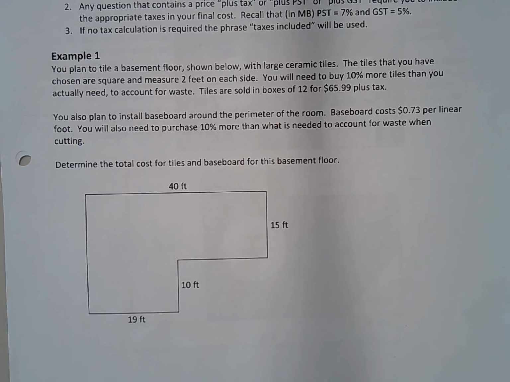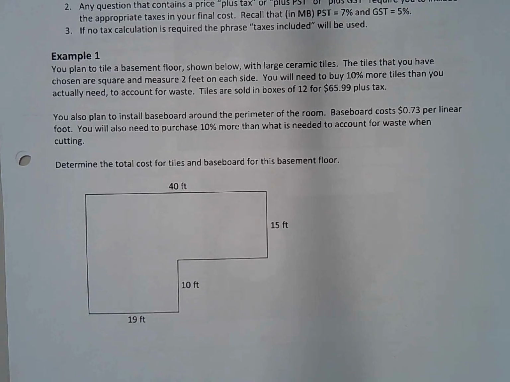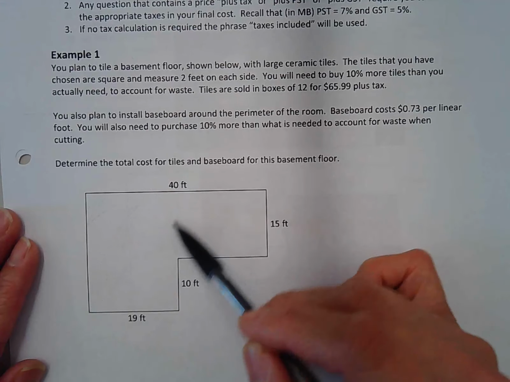Okay, example 1. We plan to tile a basement floor with ceramic tiles. Now before we said that, when we're tiling a basement floor, what are we trying to do? Are we talking about perimeter or area? When we're tiling, it is inside the 2D shape, right?